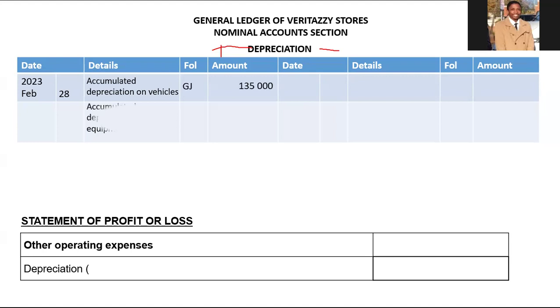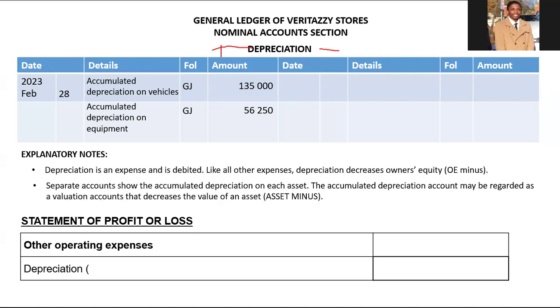When you add the two, it'll give you our total depreciation expense, which we will take to profit or loss. In profit or loss, it'll be the sum of the two, which is 135,000 plus 56,250, and that will give you 191,250.